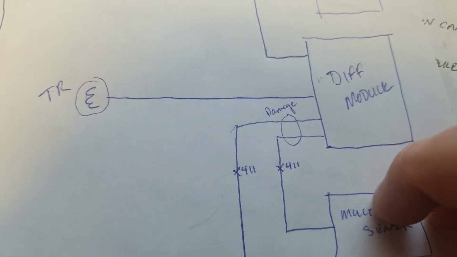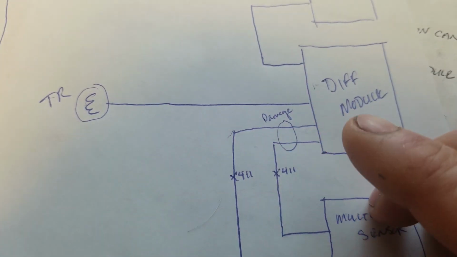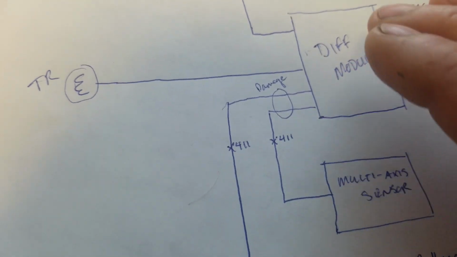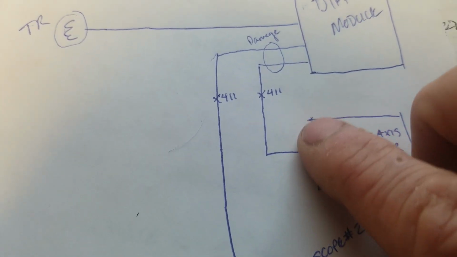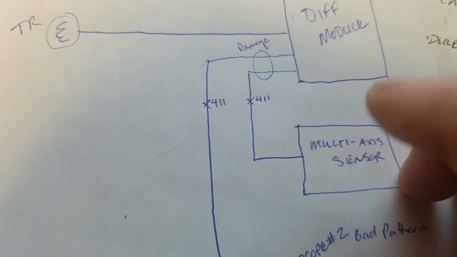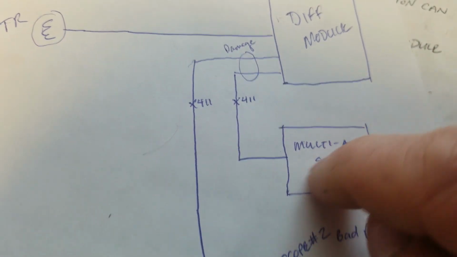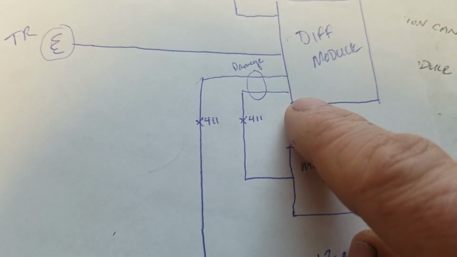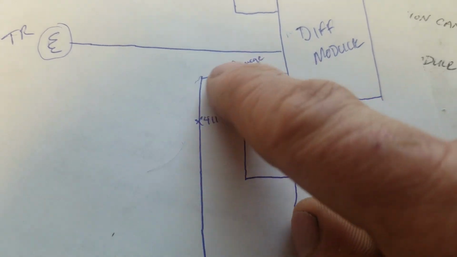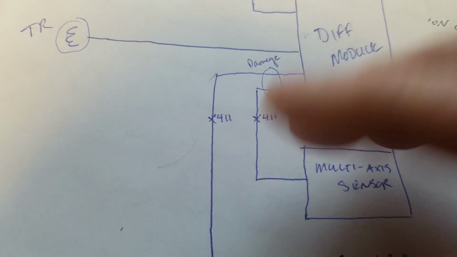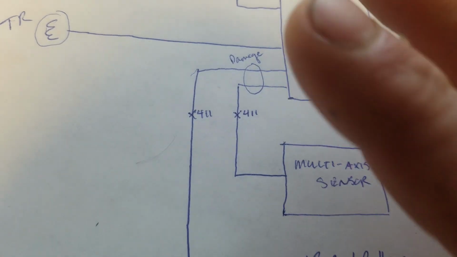So that's where the connector X411 comes in, all right? Now, I couldn't go to the multi-axis sensor, so I don't know if the multi-axis sensor is sending information that's all skewed to my diff module, causing this signal to look all jacked up. I had no clue. So what do I do next?